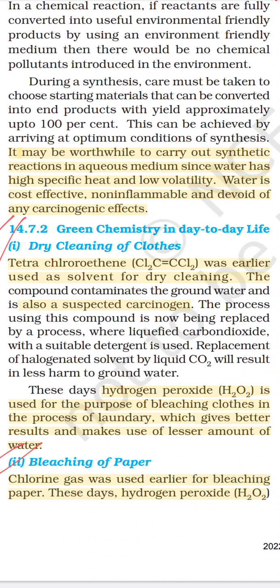The process using this compound is now being replaced by a process where liquefied carbon dioxide with a suitable detergent is used. Replacement of halogenated solvent by liquid CO2 will result in less harm to groundwater.